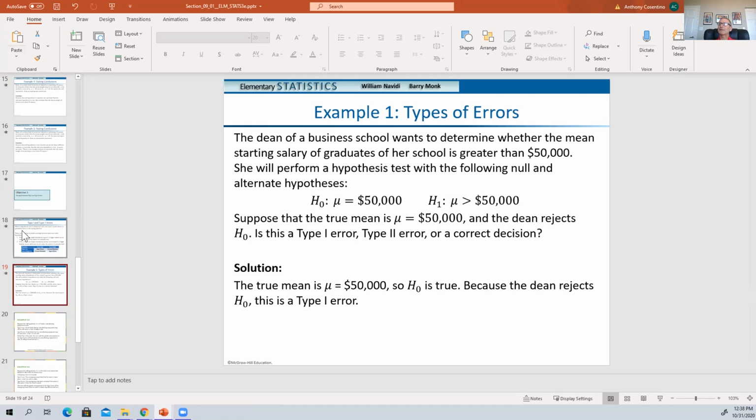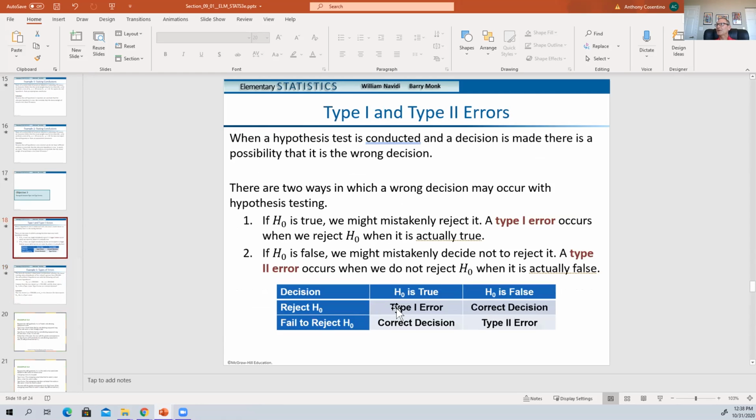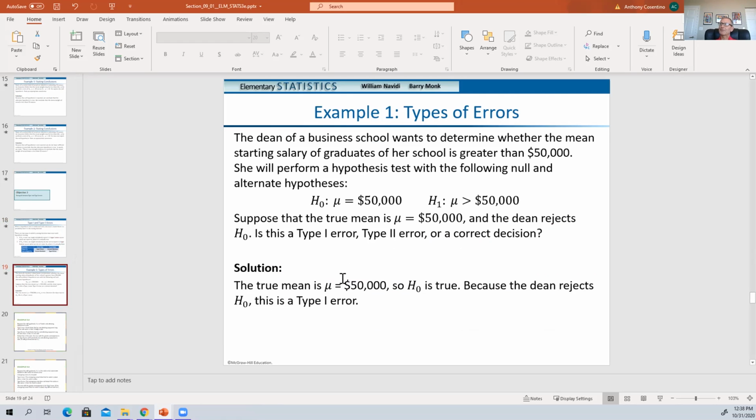So let's go back here. The true mean is 50, so H0 is true, but he actually rejects, right? So there is a type 1 error. If you reject and it's true, it's always type 1. So always go back to that table. The table's on slide 18, and you'll find it in the book as well.